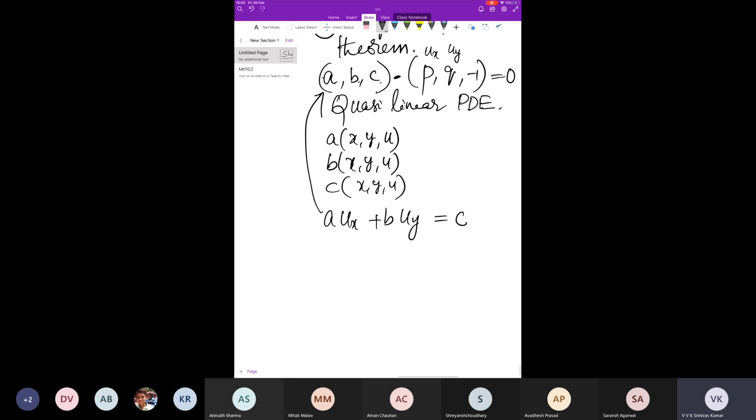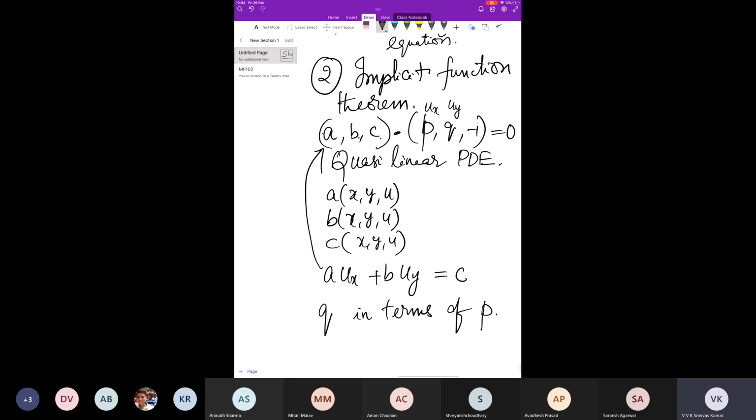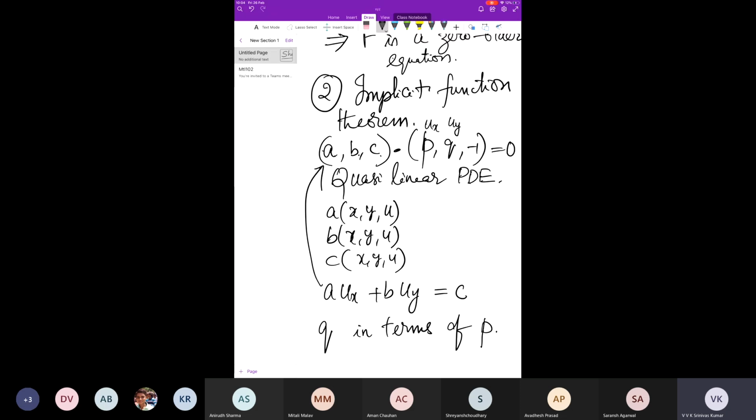If you see here, this is clearly an implicit equation. A, B, C are the given quantities and only p and q are there, so you can write q in terms of p.